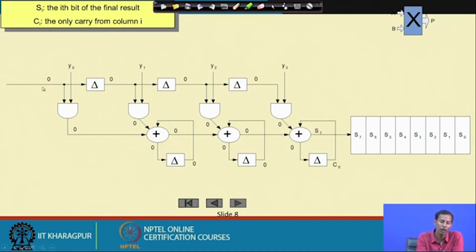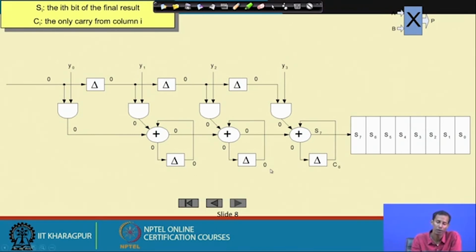At that time, the input sequence of x0 will be x0, x1, x2, x3, then 0, 0, 0, 0. So, that is the input sequence for x0 for this particular case.